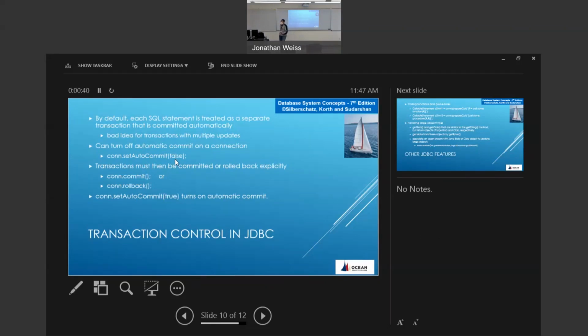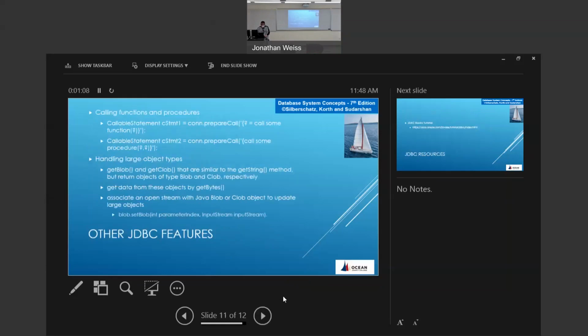Then it will not commit the query until you do a commit, and you can do a rollback as well. So you can do those transactions in Java, and you can use these library calls to turn off auto commit, to do the commit, and to do the rollback. Other than that, you just use the standard Java mechanisms for trying and catching and all that good stuff. Okay, so I did want to cover that as well.